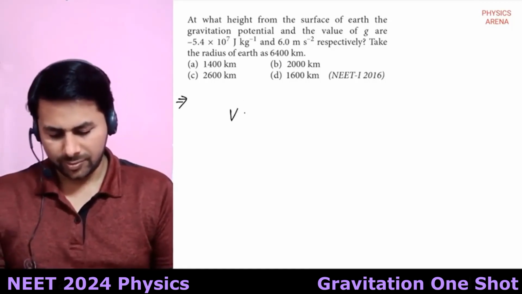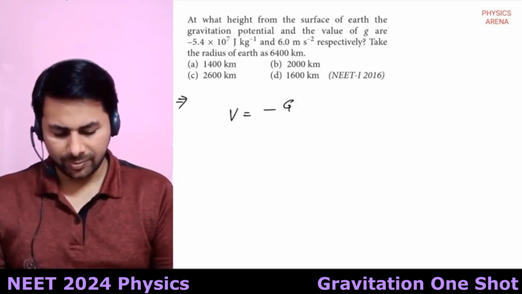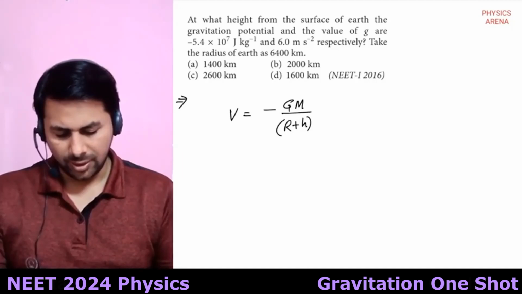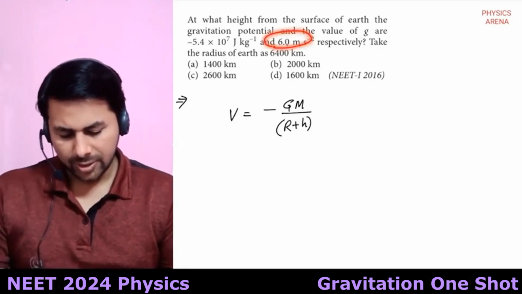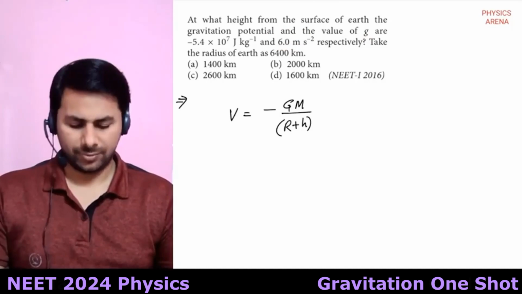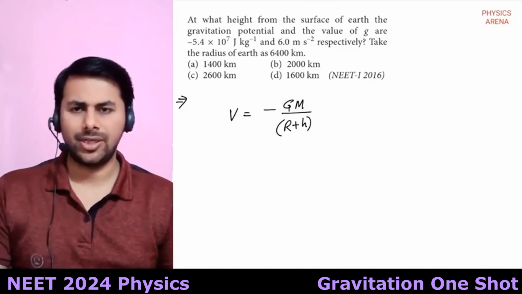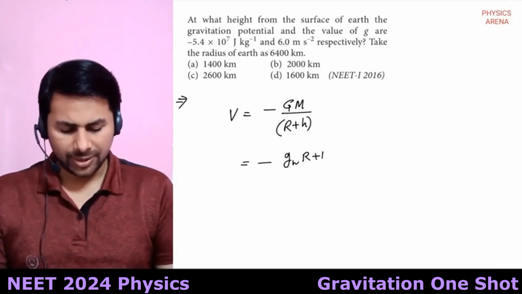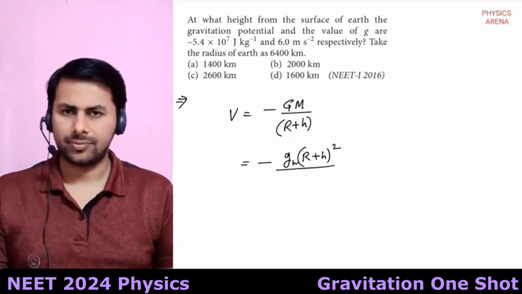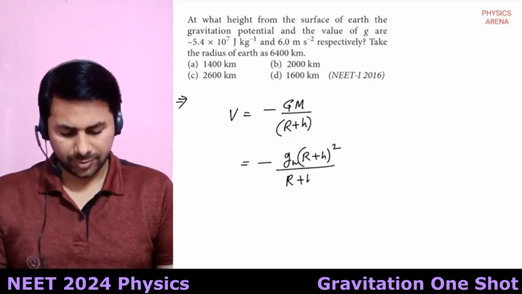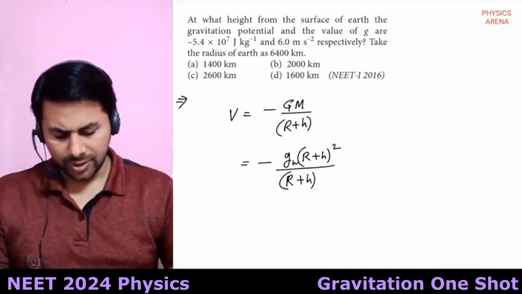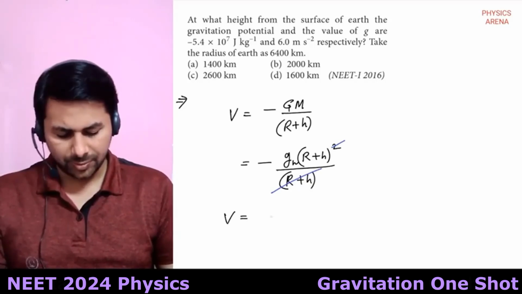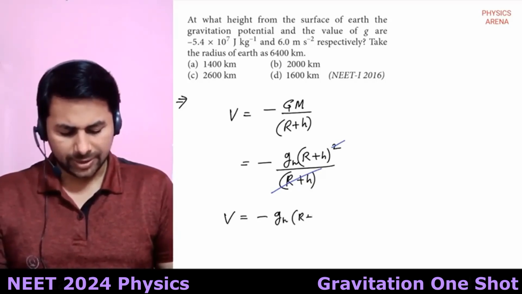Okay. So V is equal to minus GM upon R plus H, right? If we are given the acceleration due to gravity, then in place of this GM, we'll put g multiplied by (R plus H) square, divided by R plus H. So this thing will get cancelled, and we have V equals minus g into (R plus H).